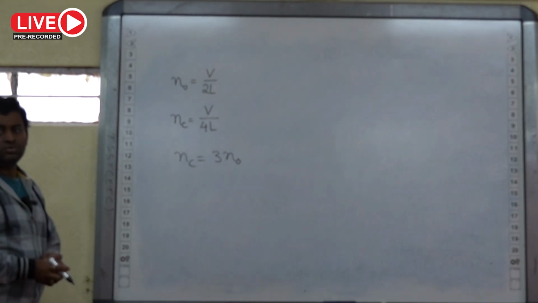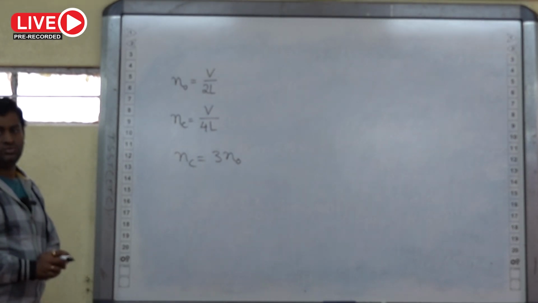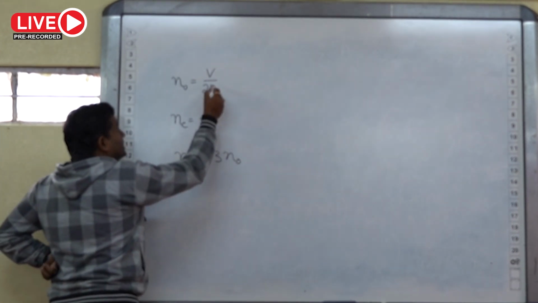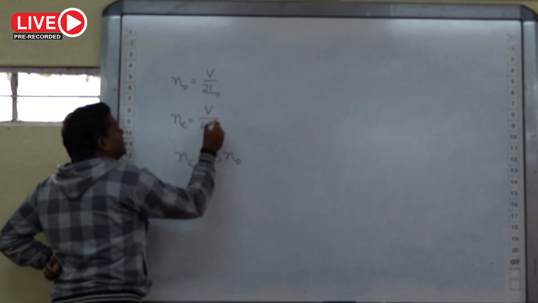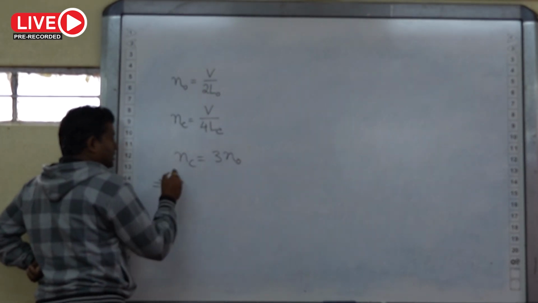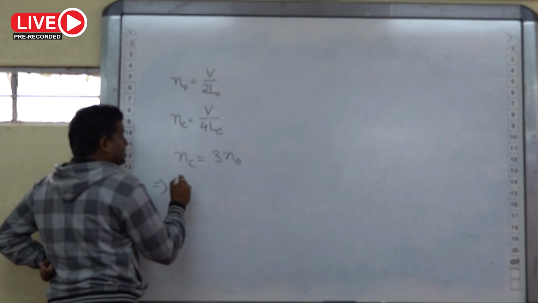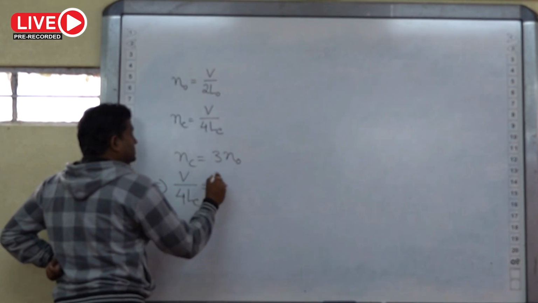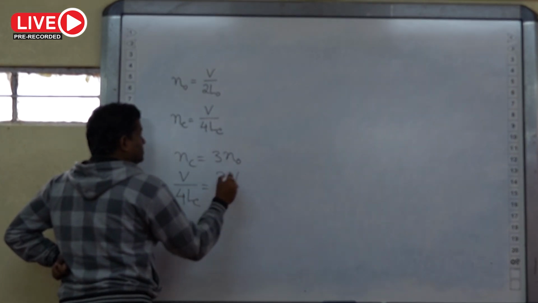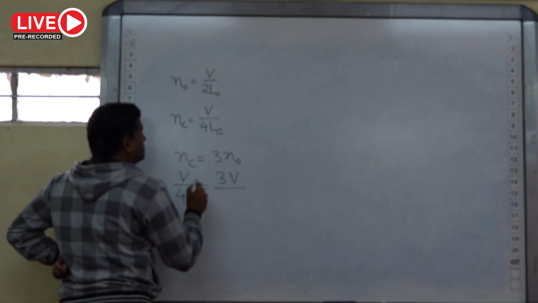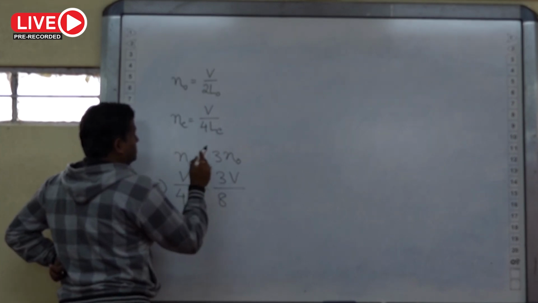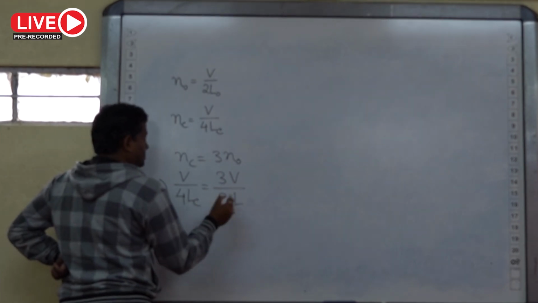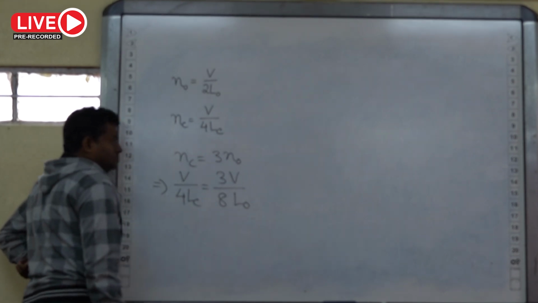NC equal to 3 times NO. These lengths are also, this is for the open pipe, this is for the closed pipe. So NC can be written as V by 4LC, and NO is 3V by 2LO.